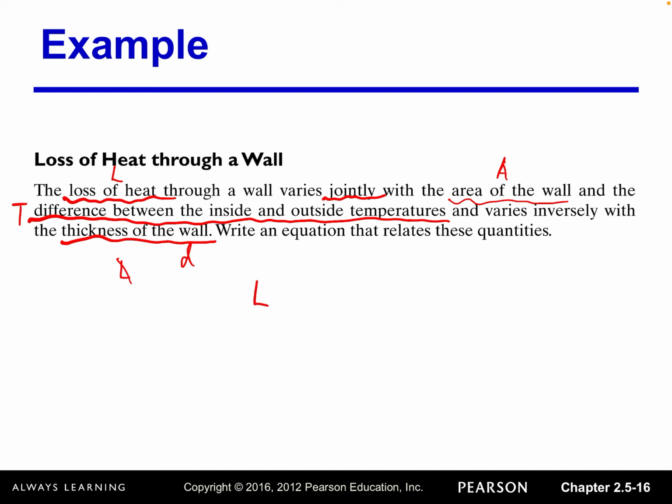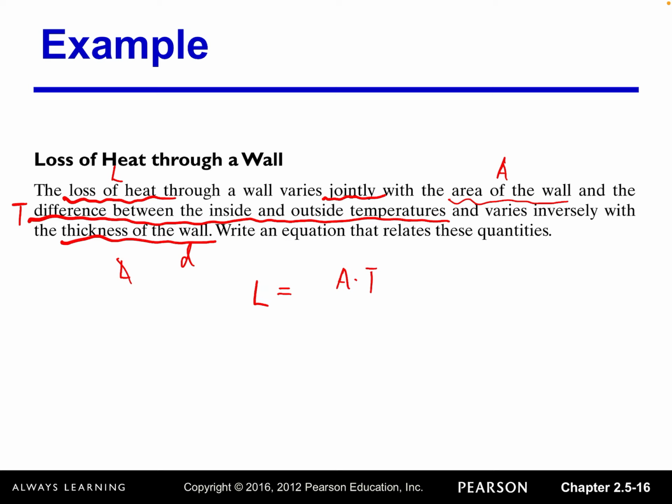The loss of heat, based on the description, should equal... The area of the wall doesn't say varies inversely, and the default is varies directly, so A should be on the numerator. The difference between the inside-outside temperature T doesn't indicate inverse variation, so the default will be direct, and it will be on the numerator.